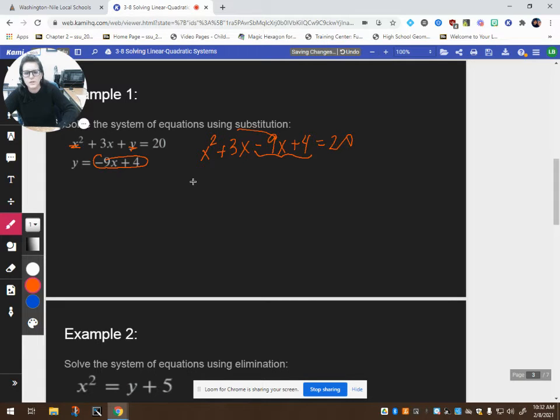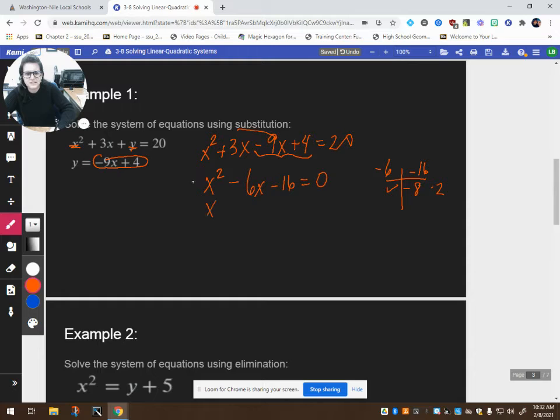So notice, my equation is entirely the same, except my y is replaced with this value of y, -9x plus 4. So we can combine our like terms, and I ended up with x squared minus 6x. I'm going to subtract 20 from both sides. So 4 take away 20 is -16, equals 0. This is nice. I can see that I can factor this. I'm looking for factors of -16 that add to give me -6, and that's going to be -8 and 2.